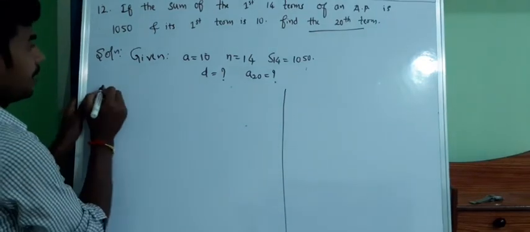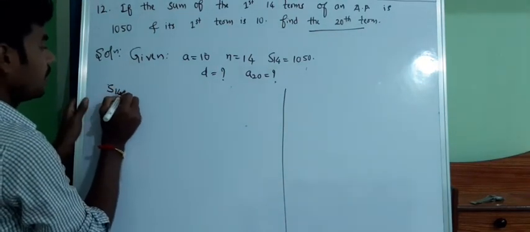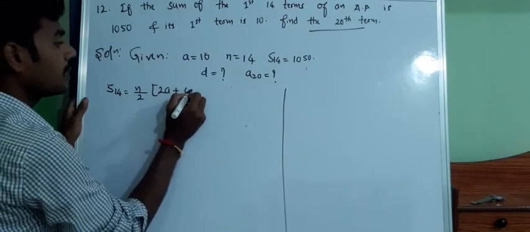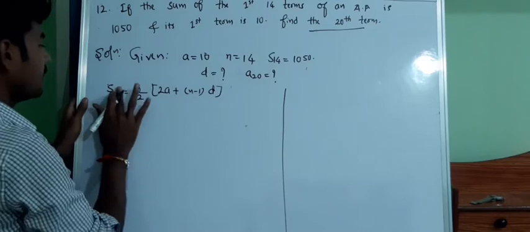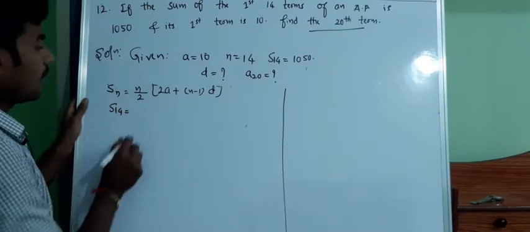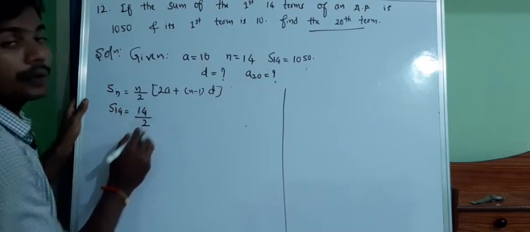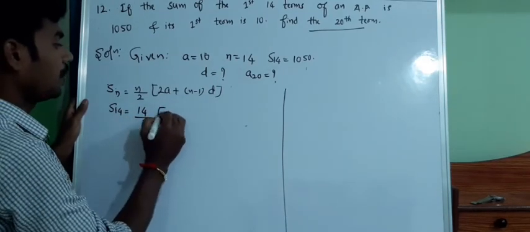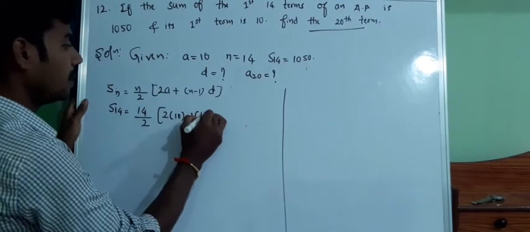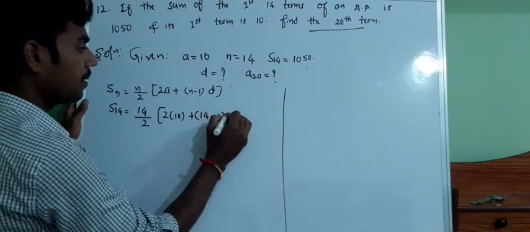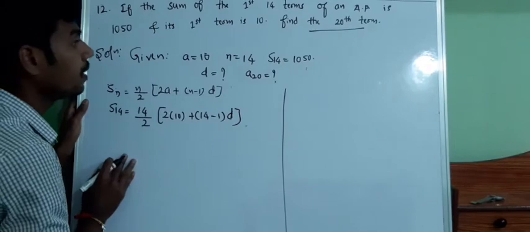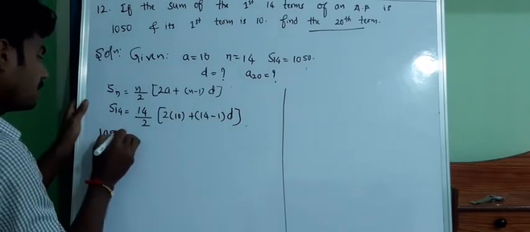What can I write? S14 is equal to N by 2 into 2A plus N minus 1 into D. That is the Sn formula. I have 14 terms, so N is 14, then 14 divided by 2, then 2 into A, that is 10, plus 14 terms minus 1, into D. I need to calculate D. S14 is 1050.